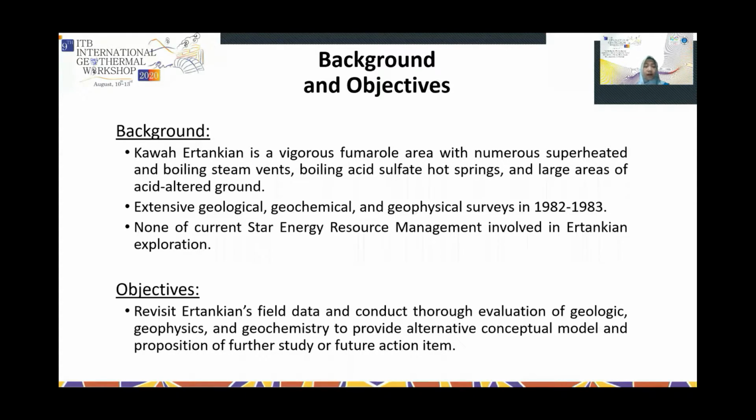However, none of the current Star Energy resource management was involved in Ertankian exploration. The objectives of this study are to revisit Ertankian field data and conduct a thorough evaluation of geology, geophysics, and geochemistry to provide an alternative conceptual model and propose further study or future action items.